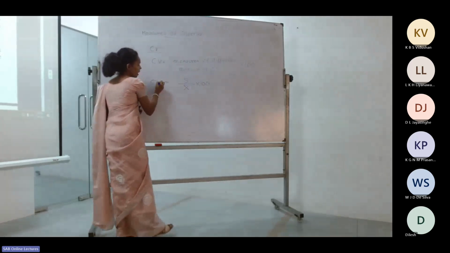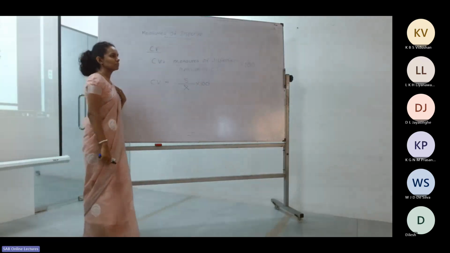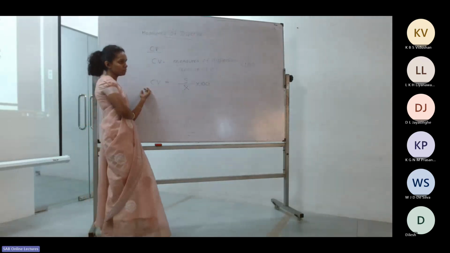This is the formula for the coefficient of variation. Okay, is it clear? How do we find the CV value?